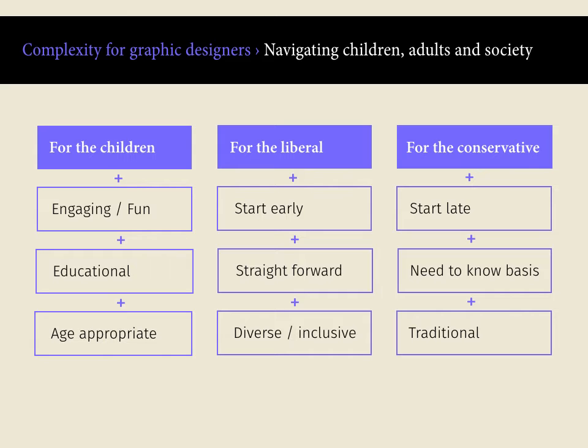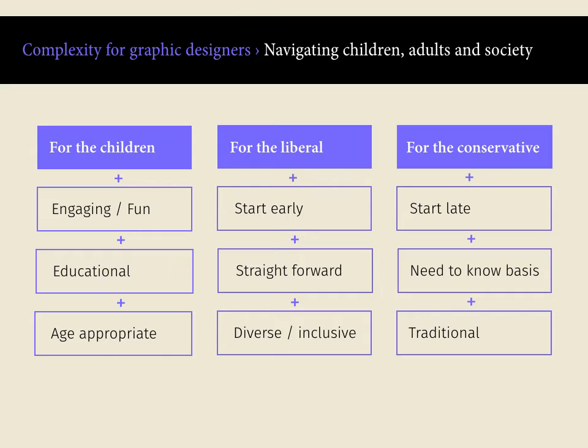Designing sexuality education materials is not an easy task. The designer must ensure that the materials are engaging, interesting, educational, and age-appropriate to communicate effectively to children. In the meantime, the designer must also take into account the opposing forces of society which oscillate between more liberal and more conservative ideas in relation to teaching children about sexuality.